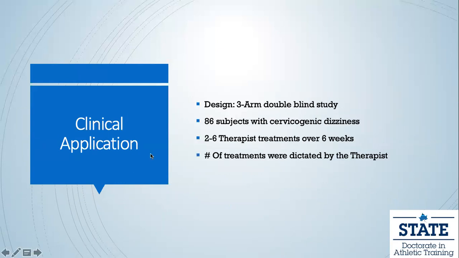So the design is a 3-arm double-blind study. The 3 arms are the placebo, the Mulligan therapy, and the Maitland therapy. There are 86 subjects with cervicogenic dizziness, and they were to receive 2 to 6 therapist-driven treatments over 6 weeks. The number of treatments was dictated by the therapist's clinical judgment.